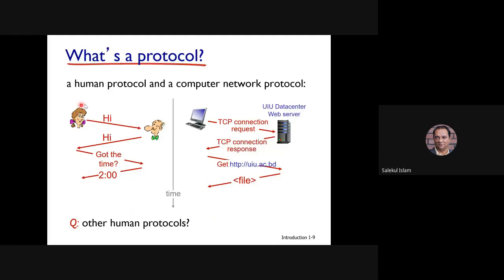Say for example in the case of a human protocol, this person wants to know the time, so they are very polite, they are not like us. Not like us means we are not very formal, the people of our country.